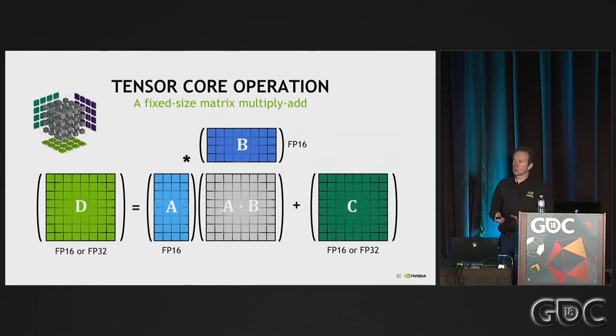The operation is done in what is called a mixed precision mode, where the A and B matrices are represented as FP16 data. The multiplication is done in FP16, but then the accumulation is actually performed at full precision. And as you can imagine, that's important for the type of algorithm I explained earlier, where we're repeatedly accumulating results of partial matrix multiplies into the destination.